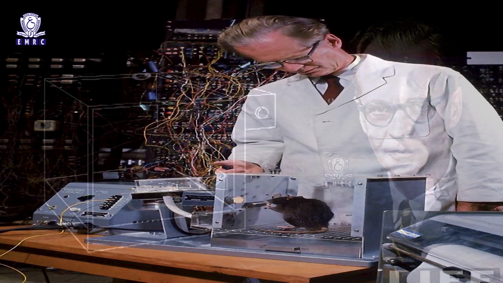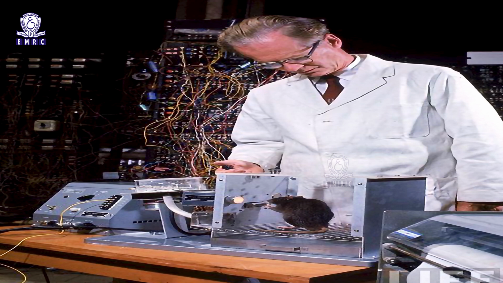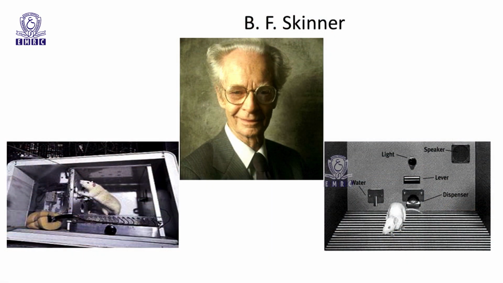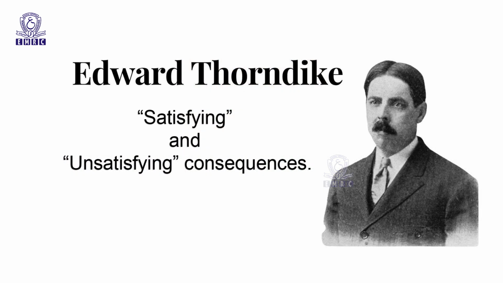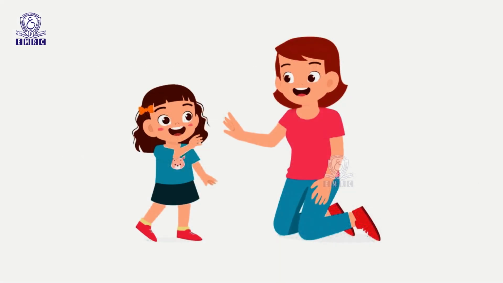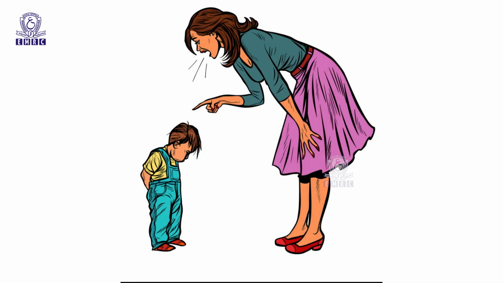To understand how operant conditioning works, we first need to learn Skinner's redefinitions of Thorndike's subjective terms, that is, satisfying and unsatisfying consequences. A reinforcer is defined as a stimulus that increases the probability of a prior response, and a punisher as a stimulus that decreases the probability of a prior response.